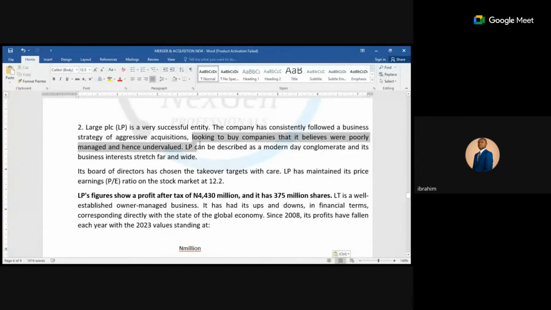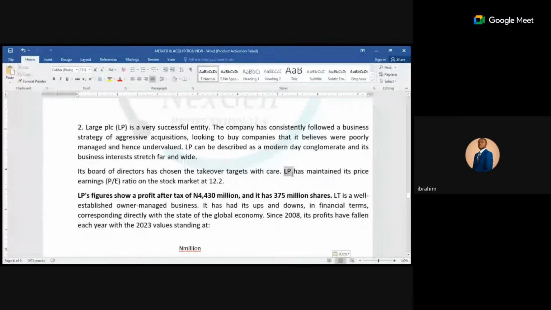LP can be described as a modern day conglomerate, and its business interests stretch far and wide. Its board of directors has chosen the takeover targets with care.